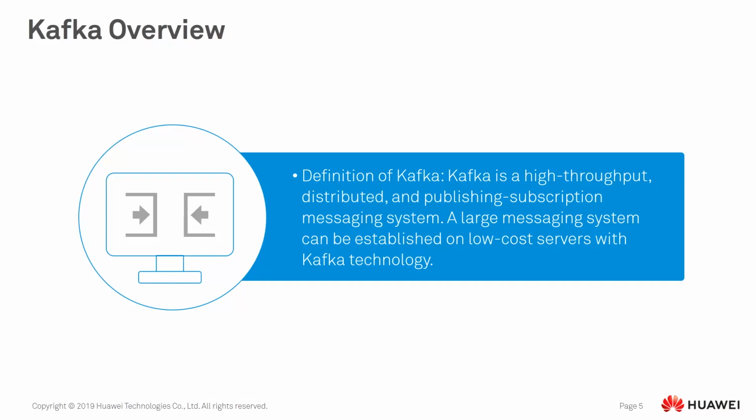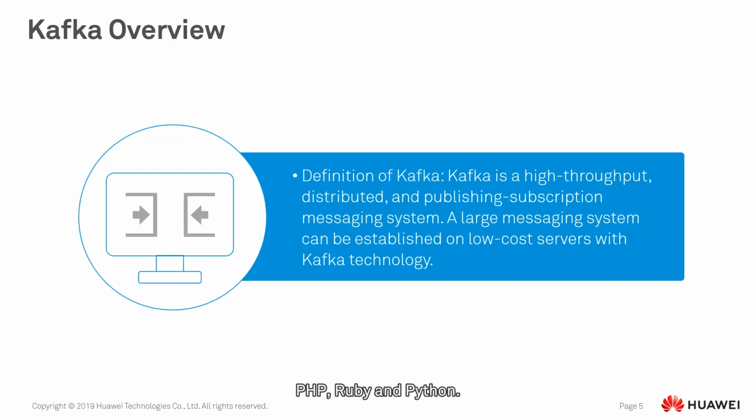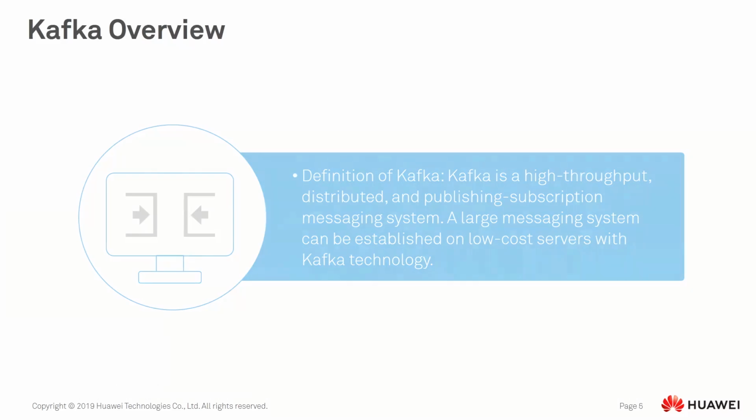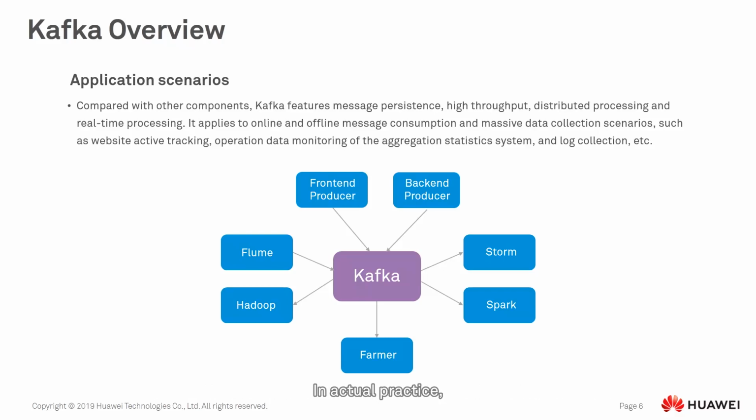Except for these features, Kafka also supports easy integration of clients from different platforms such as Java, PHP, Ruby, and Python. Kafka is suitable for both offline and online message consumption. In actual practice, Kafka can be used in many cases. Kafka is often used for operational monitoring data.